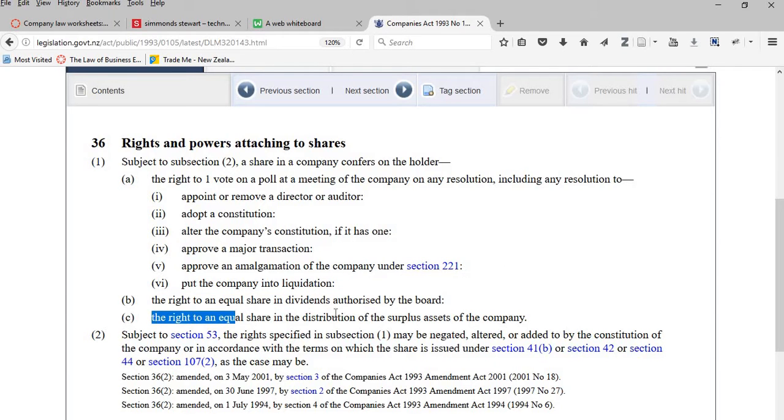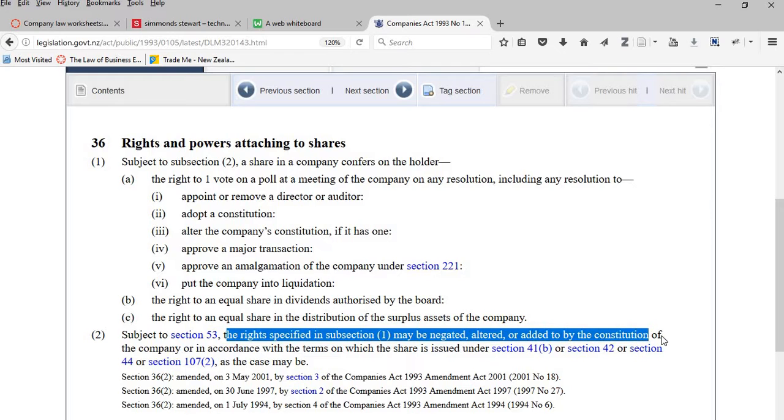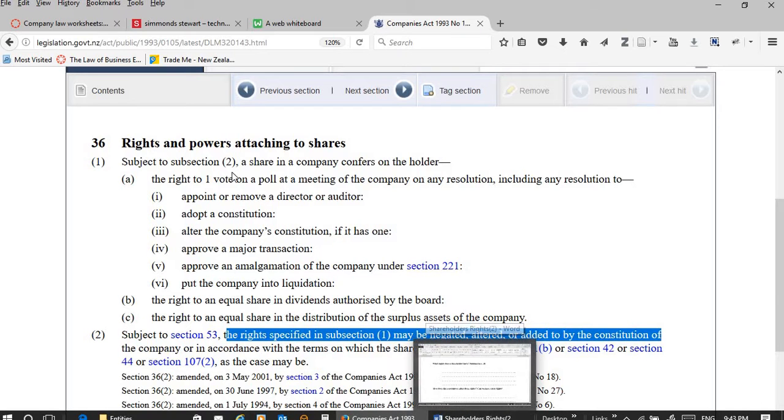They also have the right to an equal share in distribution of surplus assets, no preferences. Now, why these are default rules is that the rights specified may be negated, removed that is, altered or added to by the constitution of the company. So again, it's a default. You can change them. And you need to think, should I change any of these in my company?